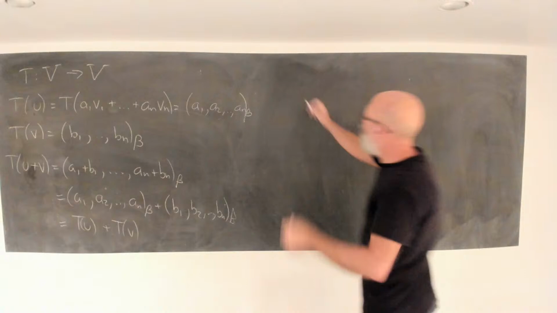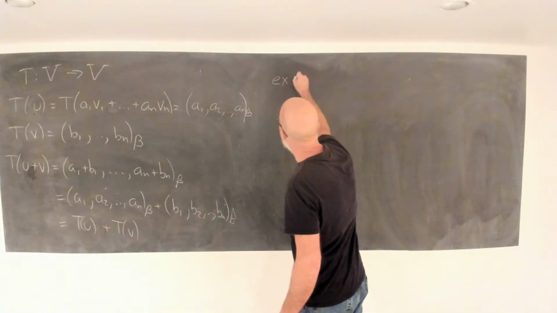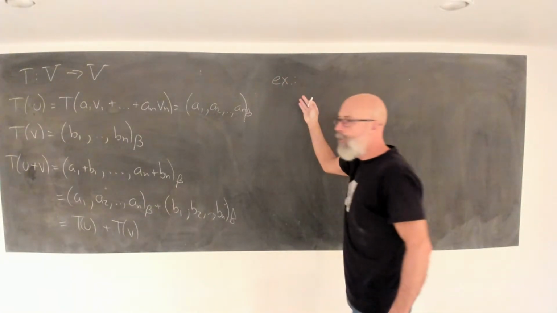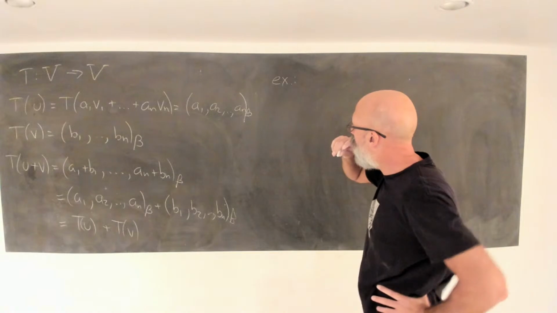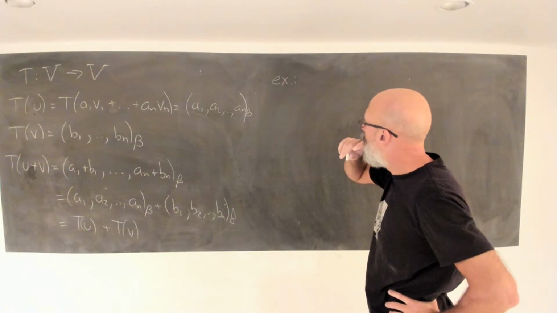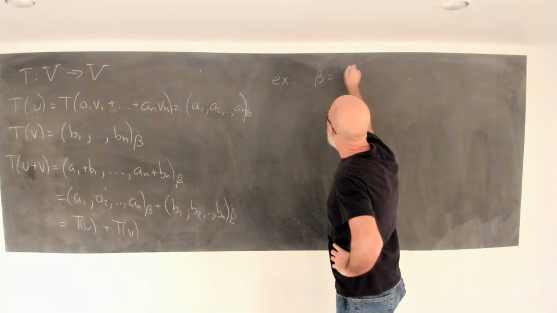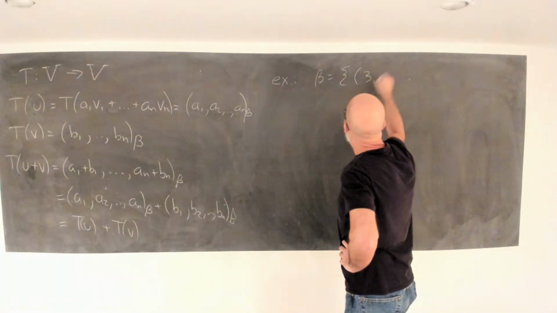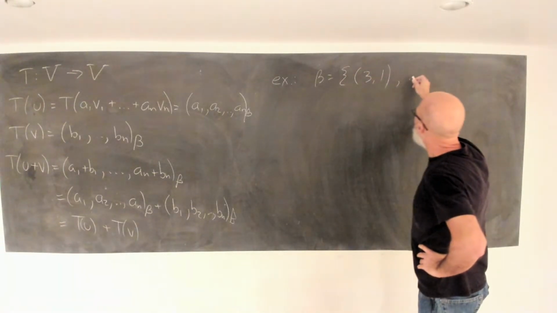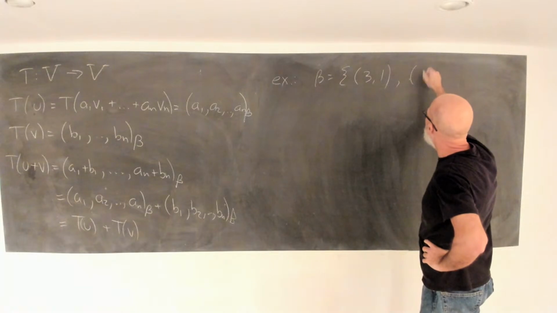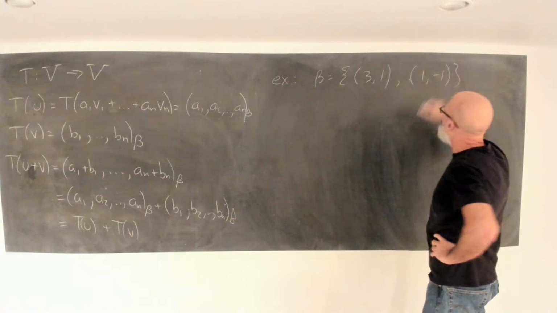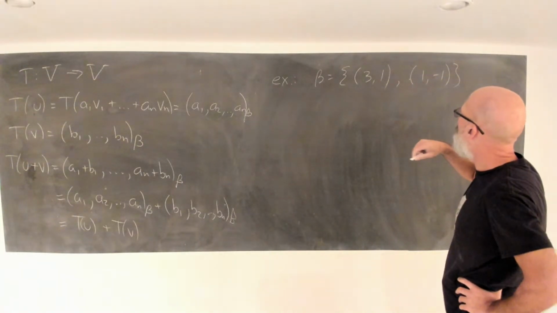Right? I mean, we had seen an example. I've rubbed them off now, but I think we had the ordered basis (3, 1) and (1, minus 1), if I remember correctly.